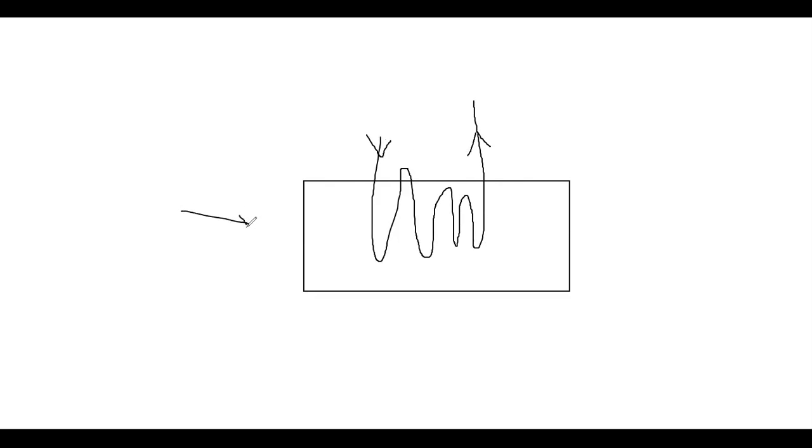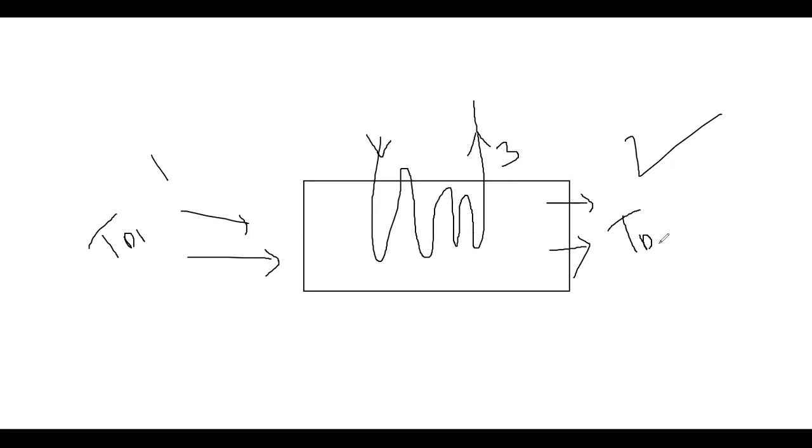Now air is passing, the atmospheric air, passing from here and leaving from this side. Here one point, this is second point, inlet and exit, and this is the third point where you are getting a different temperature, right? So the atmospheric dry bulb temperature is TD1. After passing over this cooling coil you are having another temperature, that is TD2, and you are also getting this temperature, that is called TD3. That is entirely different, that is of our refrigerant.